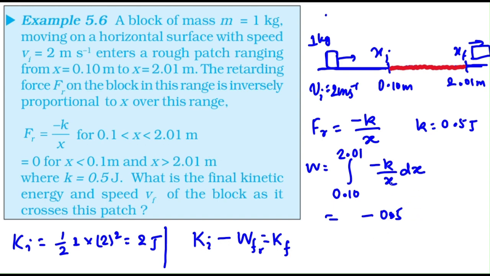So, and look here, we will have the limits 0.10 to 2.01, and then we have dx by x. And the integration of 1 by x with respect to dx will be log of x. So this will be minus 0.5 ln, natural log.